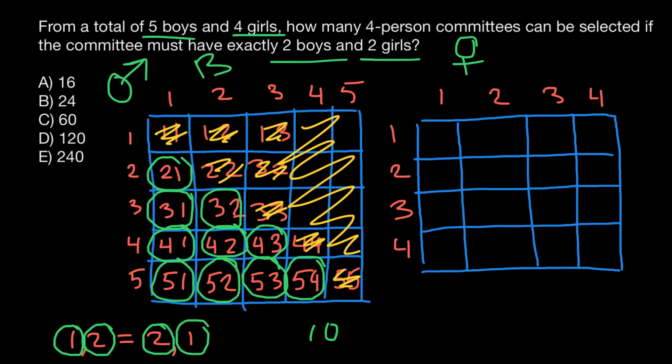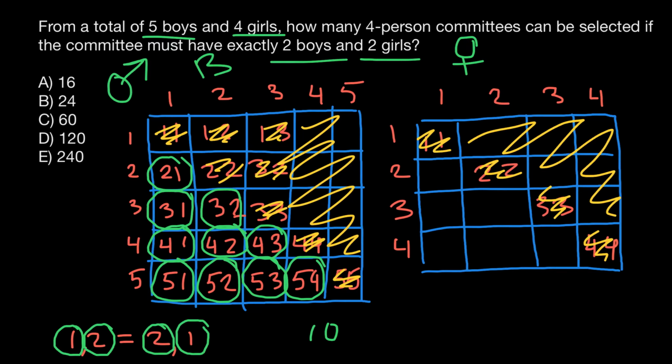Our Punnett square is going to be as follows: 1, 2, 3, and 4. Here we have to exclude the diagonal, and we also have to exclude all these combinations because this is just a repetition of the combinations here. So let's count how many unique combinations we may have.